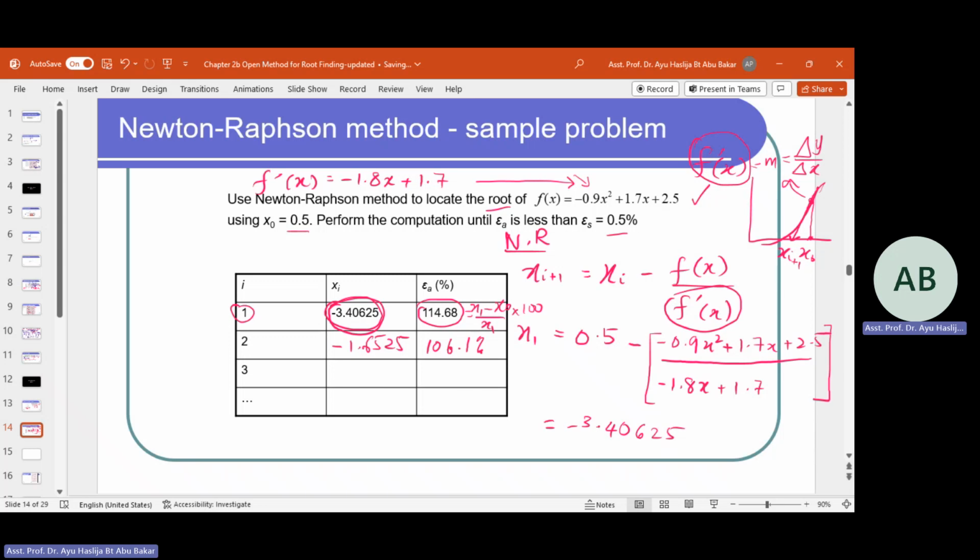EA is reducing. Okay, to find your x3, use your x2 number. Use your x2 to get your x3.